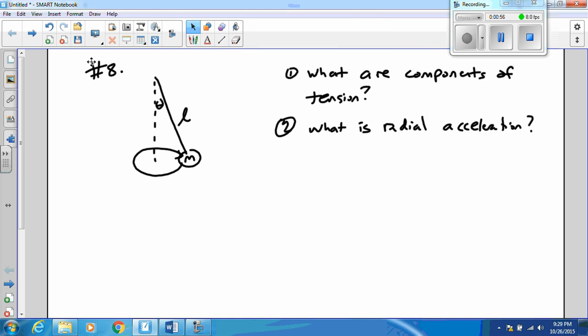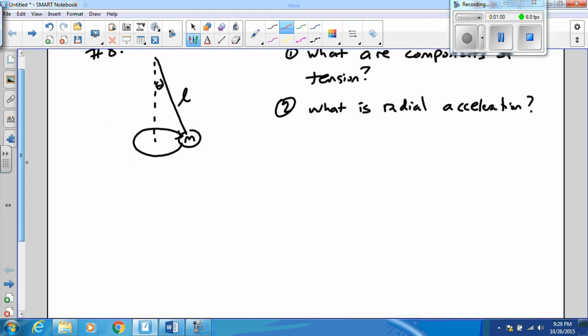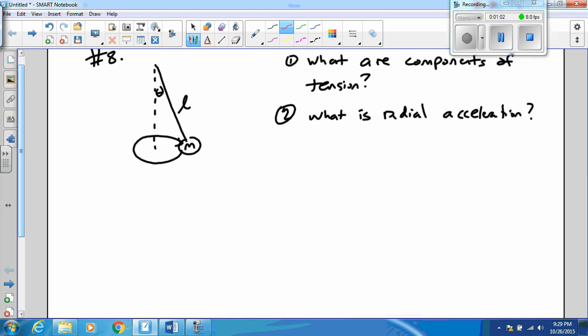They give a bunch of numbers, but we're going to solve this in symbolic form because we get more insight that way. Along the way, what I'm really aiming for with number 1 is to reinforce the idea of a side view and a bottom view analysis. And what I'm aiming for with number 2 is to talk a little bit about being sure that you answer the question in the terms of the question.